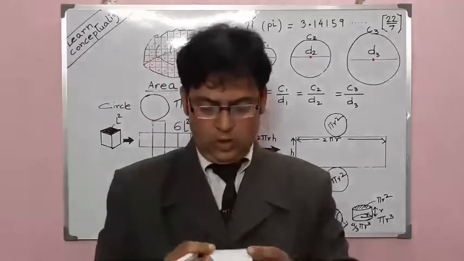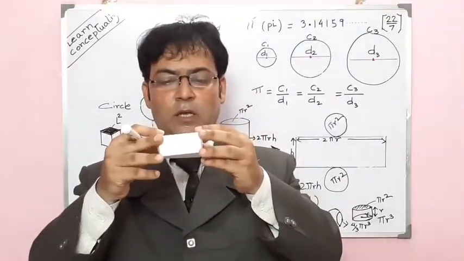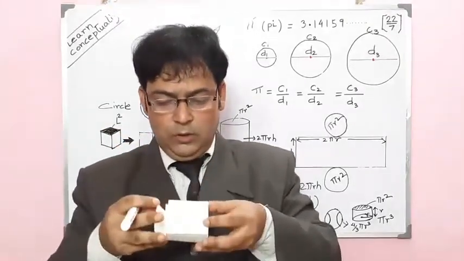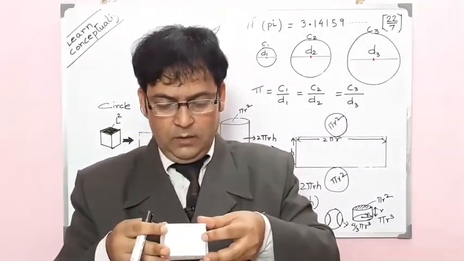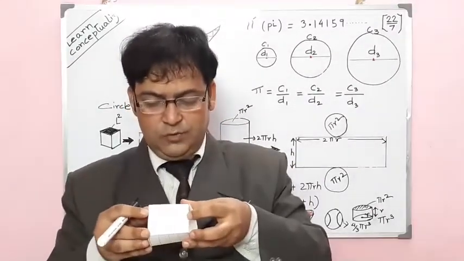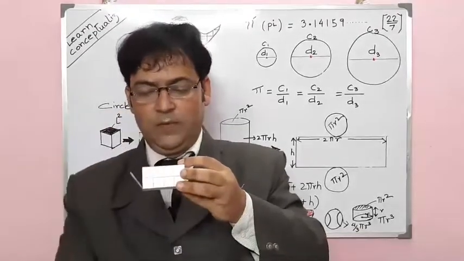I'll show you another model. This is a cuboid. This is not a cube. Now here length into breadth. Here I have used length 4. Breadth is 3. 4 3s are 12. But how many sides are there? One here, one here.